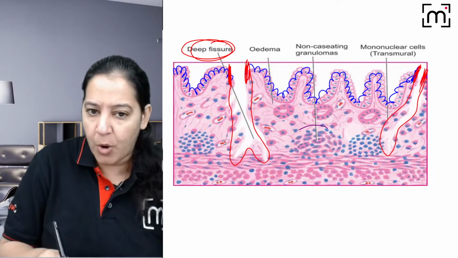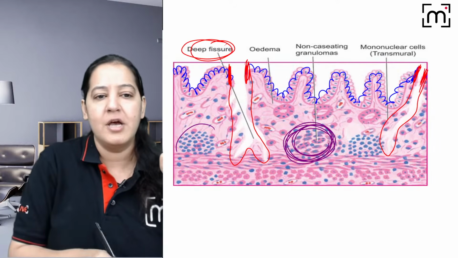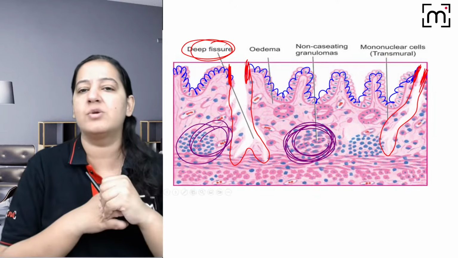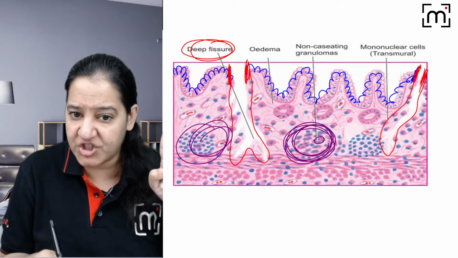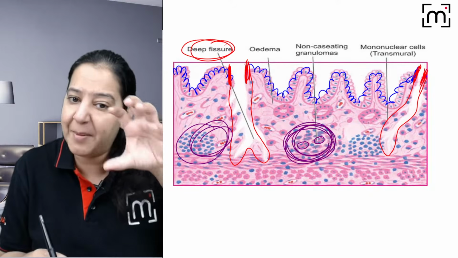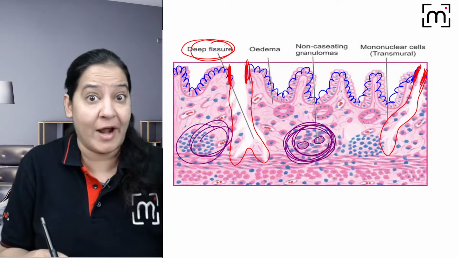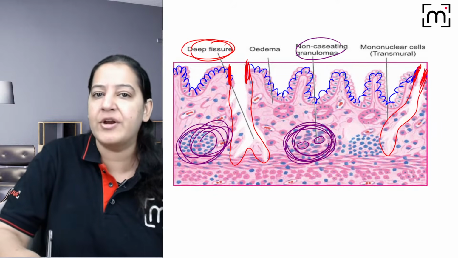After that, number 2, you can see what the next finding is. In the submucosa, I am drawing a circle here. What are these 2 things? If you notice, inside this there are giant cells and multiple epithelioid cells. So a collection of giant and epithelioid cells is a granuloma, but no necrosis. Here also giant cell and multiple epithelioid cells. So basically these are granulomas.